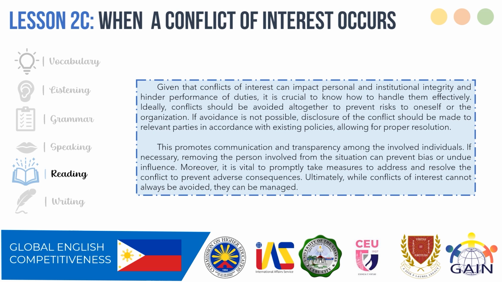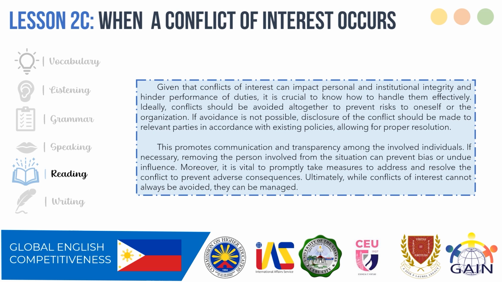Ideally, conflicts should be avoided altogether to prevent risks to oneself or the organization. If avoidance is not possible, disclosure of the conflict should be made to relevant parties in accordance with existing policies, allowing for proper resolution. This promotes communication and transparency among the involved individuals.